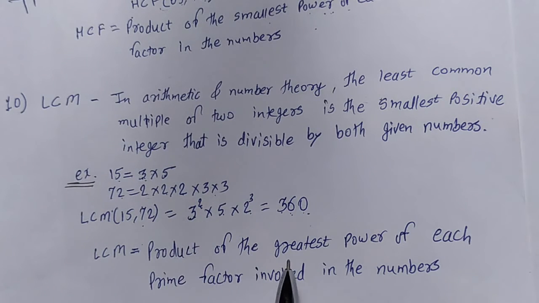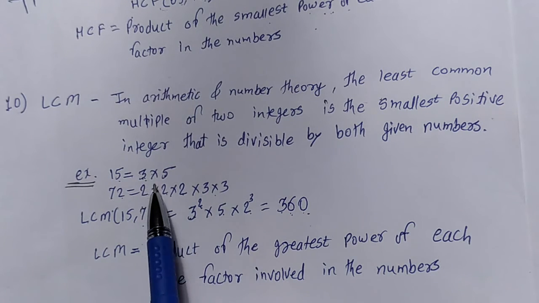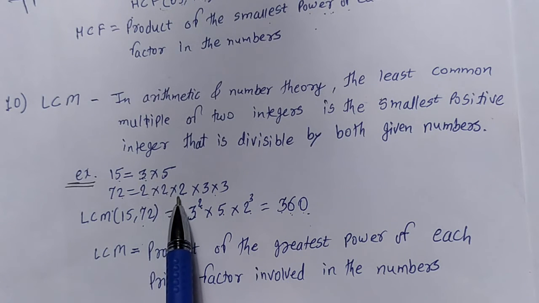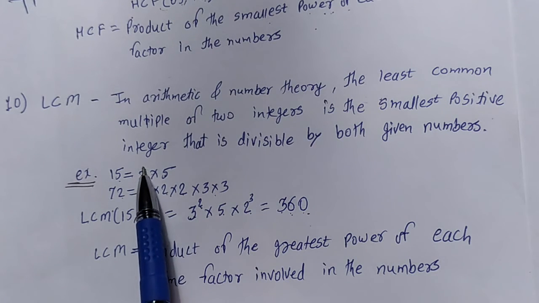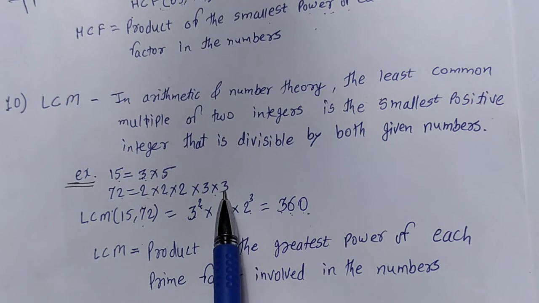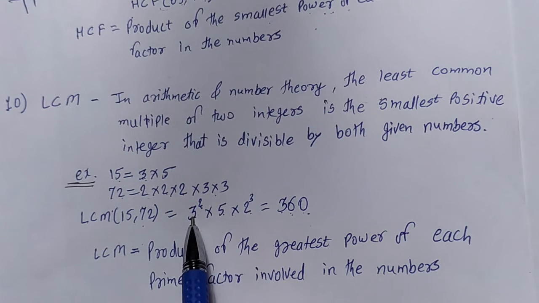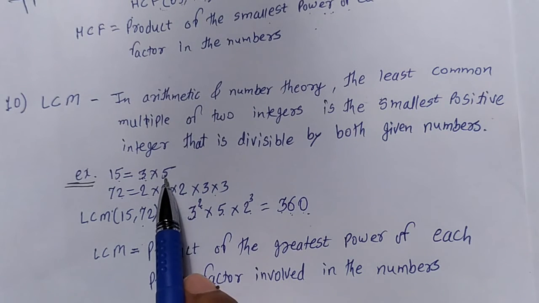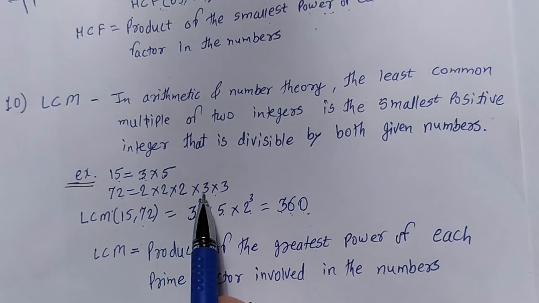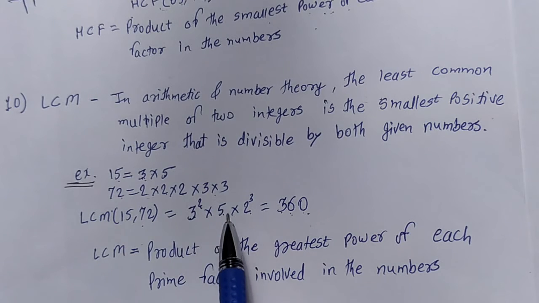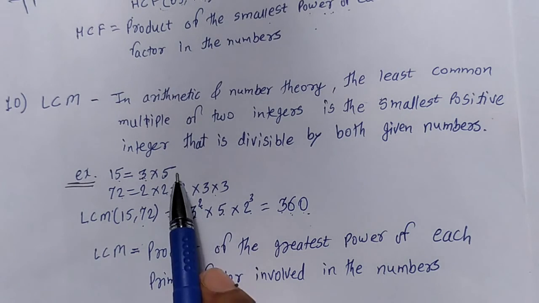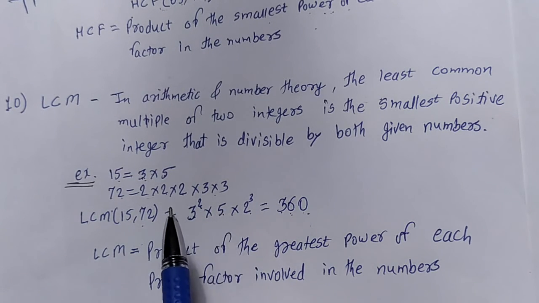What is the greatest power of that prime factor in both these prime factorizations? Here we have 3 raised to 1. Here you have 3 into 3, that is 3 squared. So you have to take the largest power. We have taken 3 raised to 2. The next number is 5. There is no 5 in the second prime factorization, so 5 raised to 1 will be the next number.